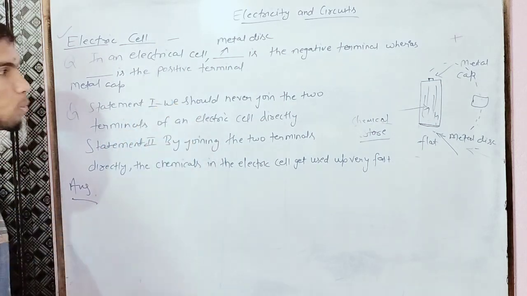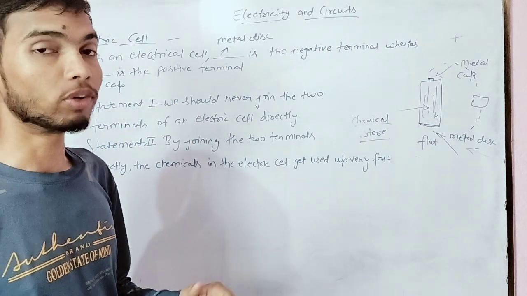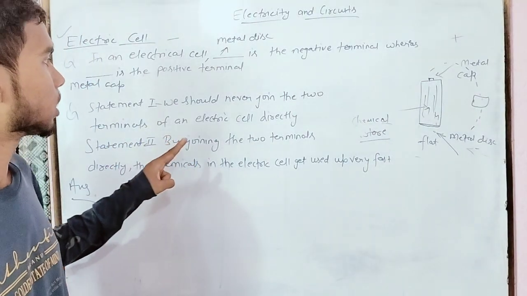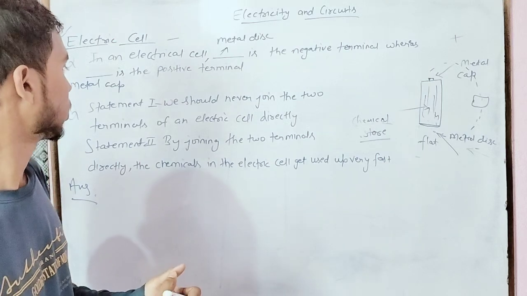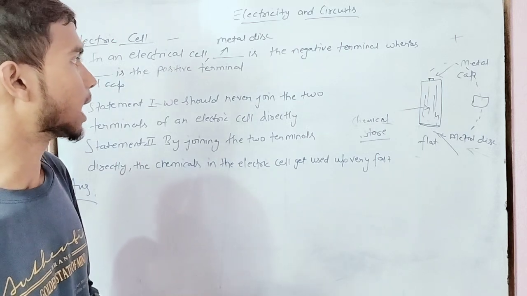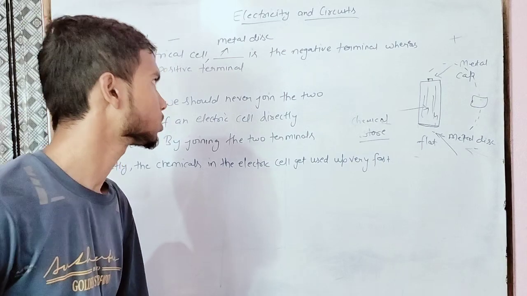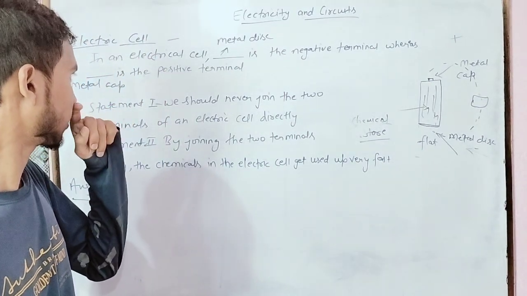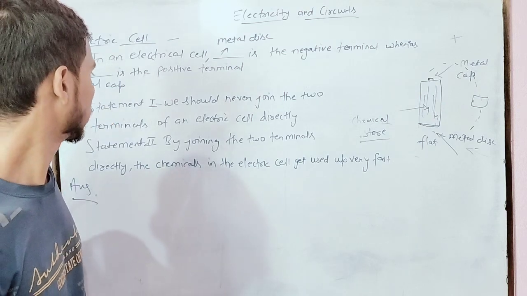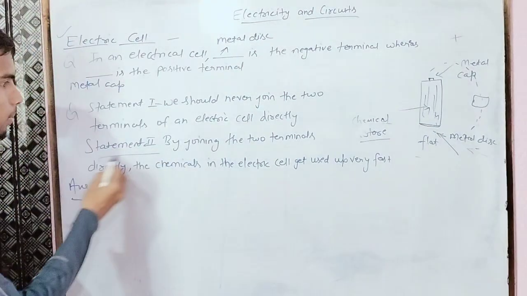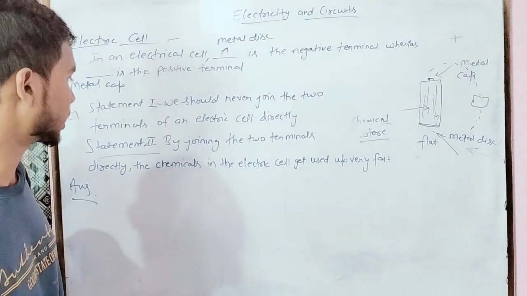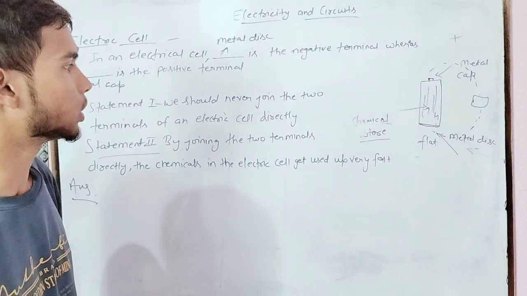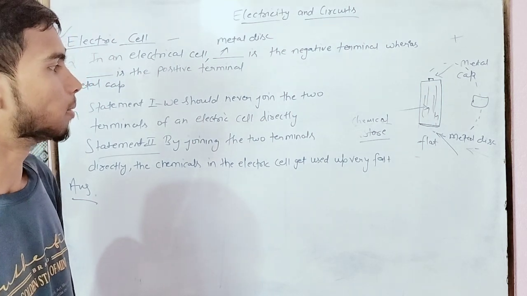The first statement is we should never join the two terminals of an electric cell directly. And the second is that by joining the two terminals directly, the chemicals in the electric cell get used up very fast.